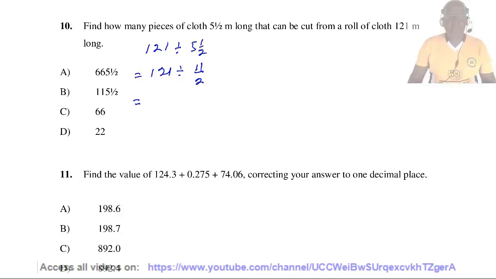We shall change the division to multiplication, and therefore we'll reverse 11/2 to 2/11. 11 goes into 121, 11 times. 11 times 2 is 22. So the answer is D.